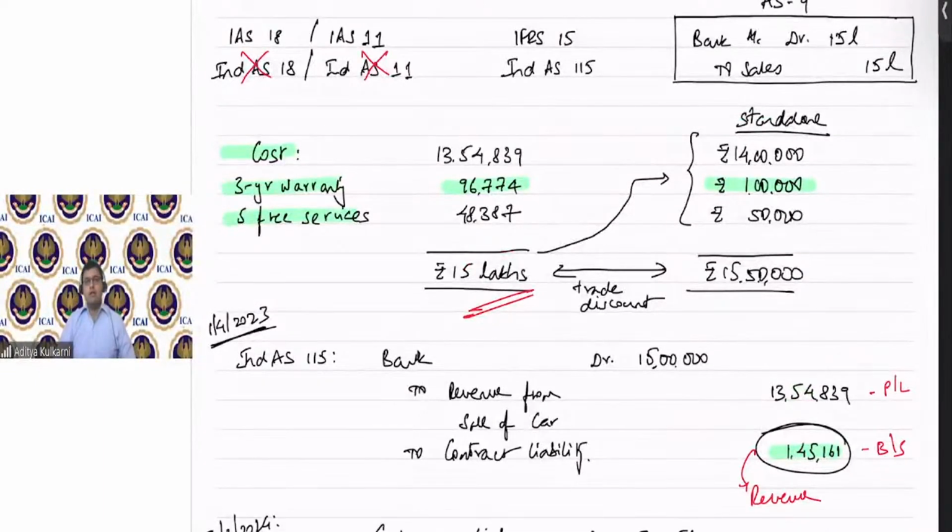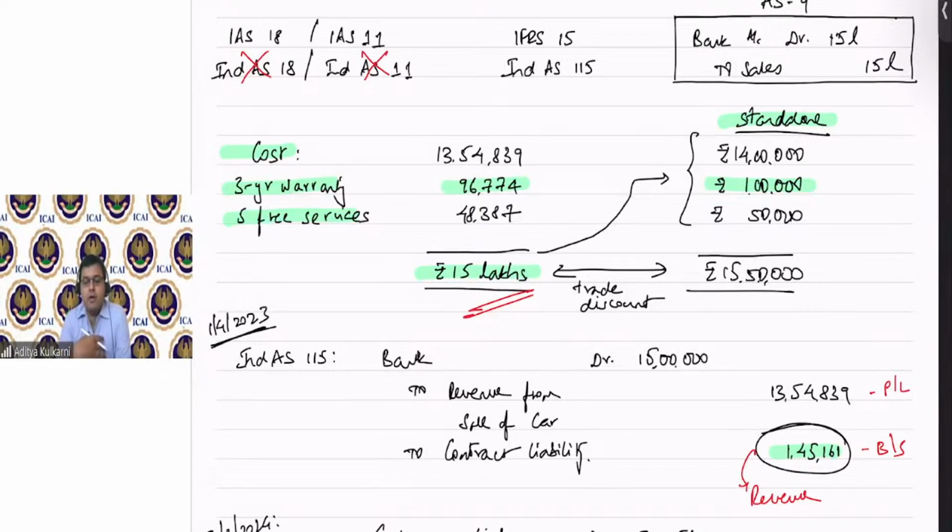Car sale, 3-year warranty, 5 free services. Now, I have a total price of 15 lakhs, and separately I am also providing standalone services. So the first preference on allocation goes to whether I am providing the same goods or services on a standalone basis. You will look at your own supplies.